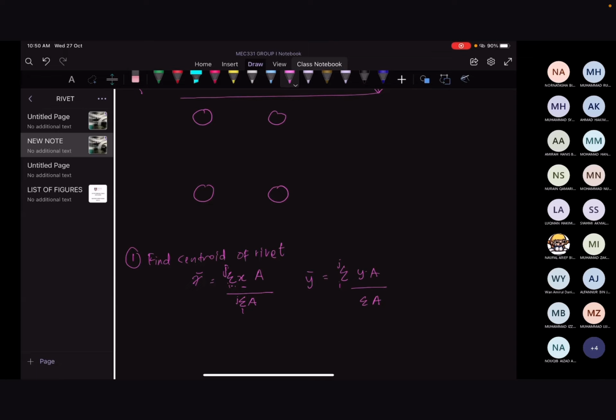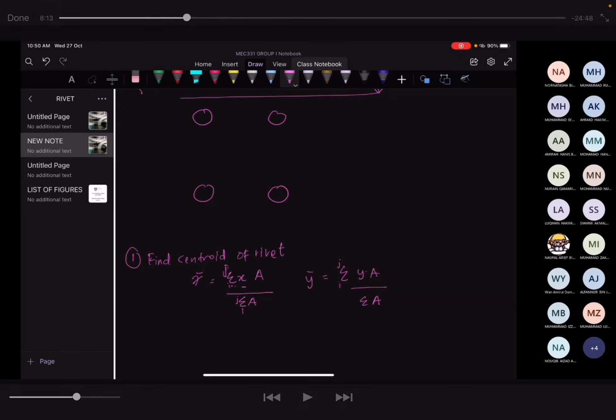Cara dia macam ni lah: coordinate X timeskan dengan dia punya area, tambahkan dengan nombor 2, X darab area dia, bagikan dengan total area. Okay.